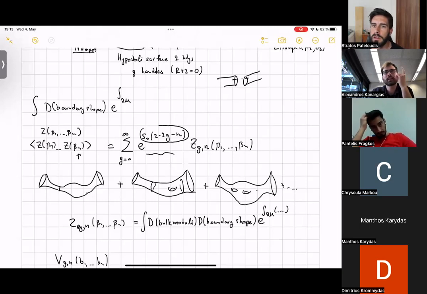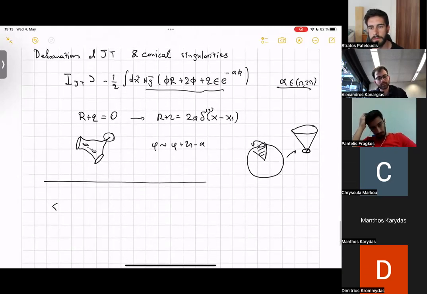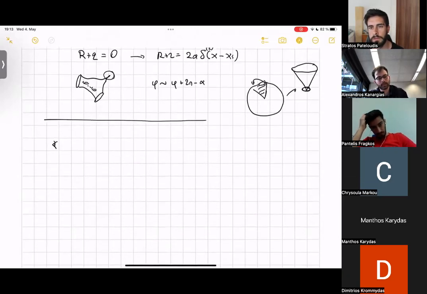Yes, but I can say something about living on the boundary. The matrix model is characterized by a function called the density of eigenstates at genus 0.